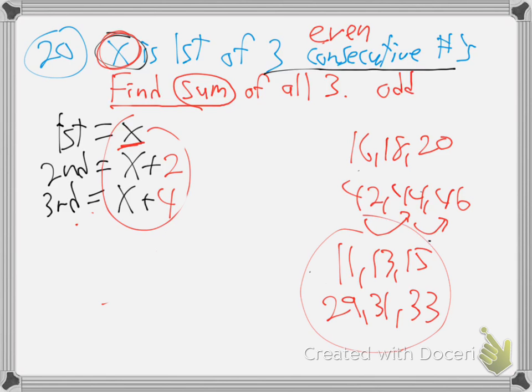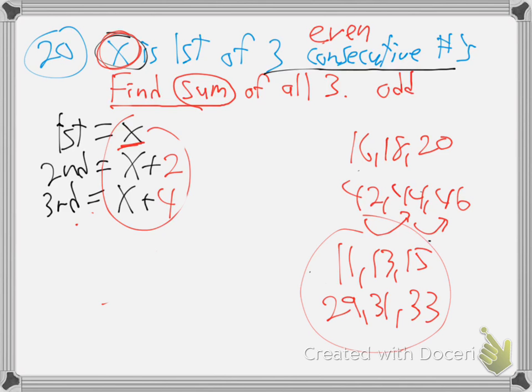There's 3 odd numbers in a row. A couple examples, right? So you tell me, starting with the first one, how much you go up every time? How far from 11 to 13? 2. And how far from 13 to 15? It's still 2. Even and odd numbers have the same jump. You go up by 2.